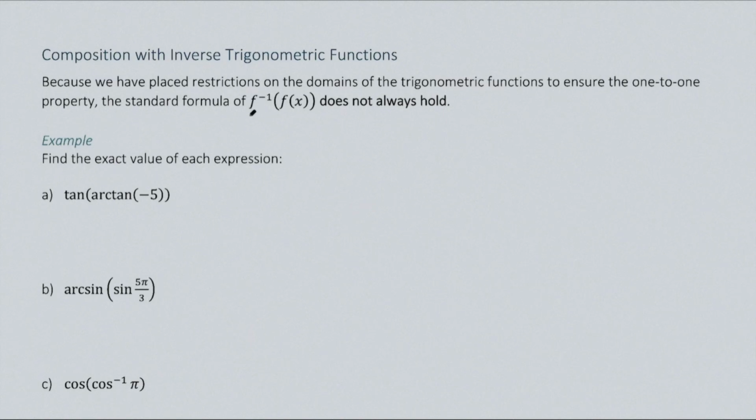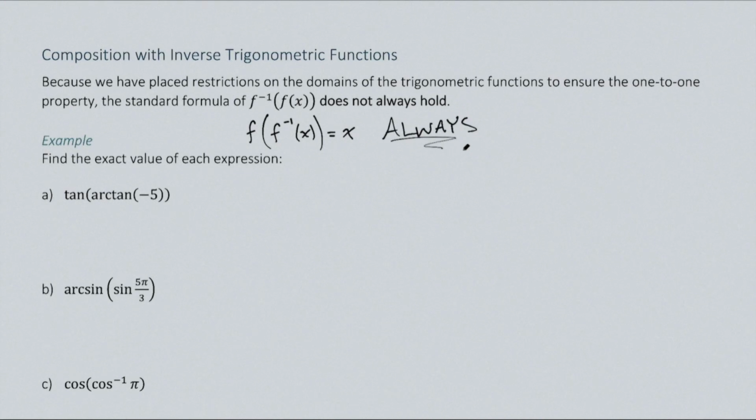This property here in particular is the one that's not always going to hold. F inverse of f of x normally is equal to x, okay? But it will not hold within trigonometric functions. However, this will always equal x. Always.